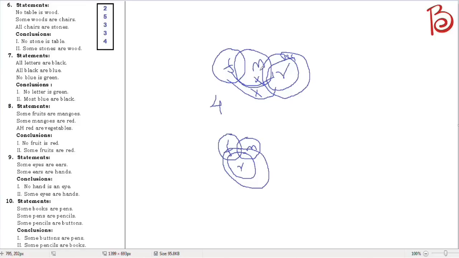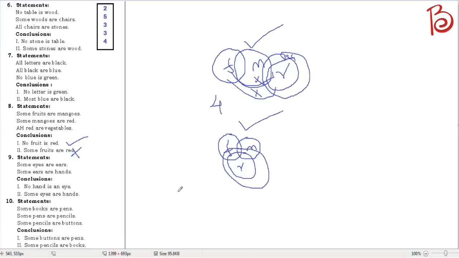No. Even this diagram satisfies all the statements. You cannot say the second diagram is wrong or the first diagram is wrong. According to the first diagram, no fruit is red, so the first option is right and the second option is wrong.